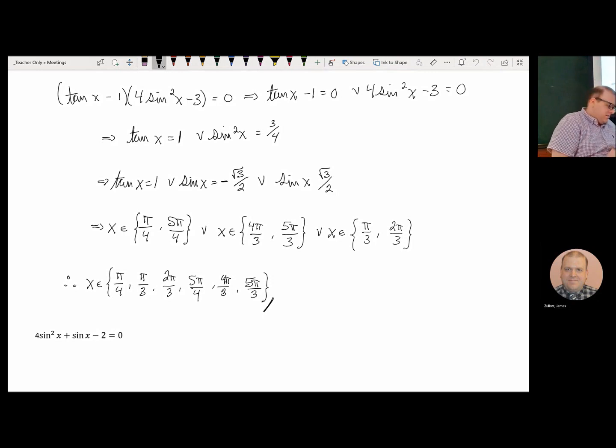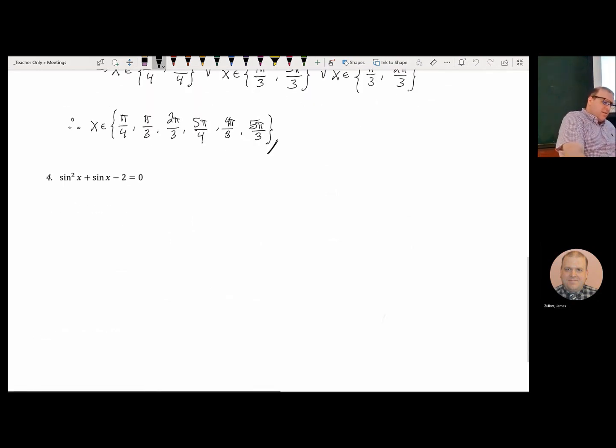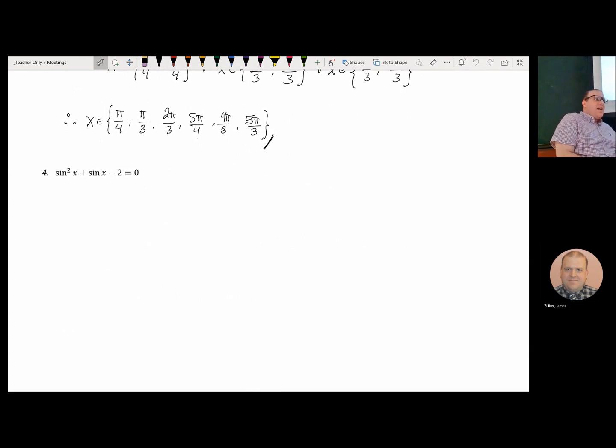Sine squared plus sine minus 2 is equal to 0. Do a change of variable. Let y be sine of x. Then we can write it as y squared plus y minus 2 equal to 0.